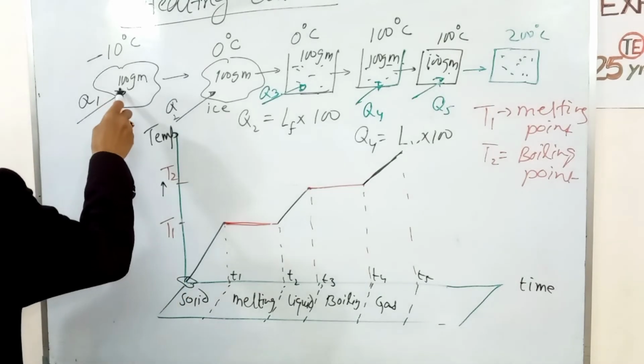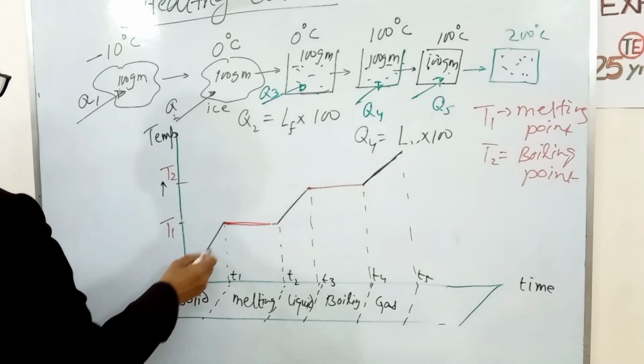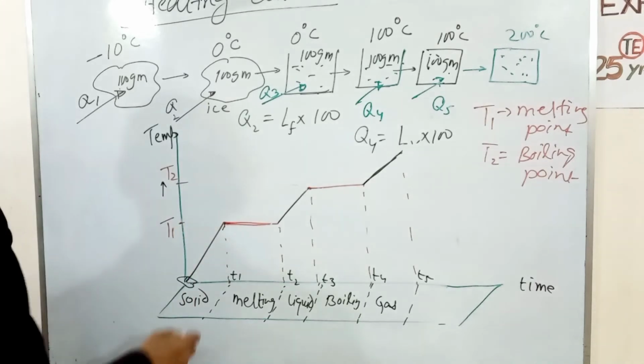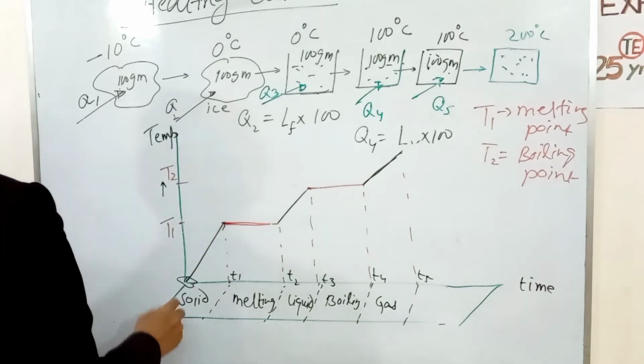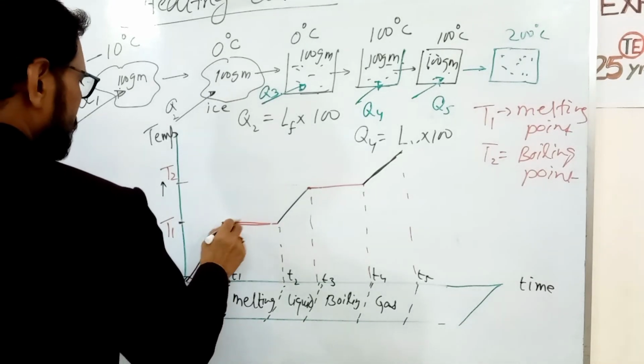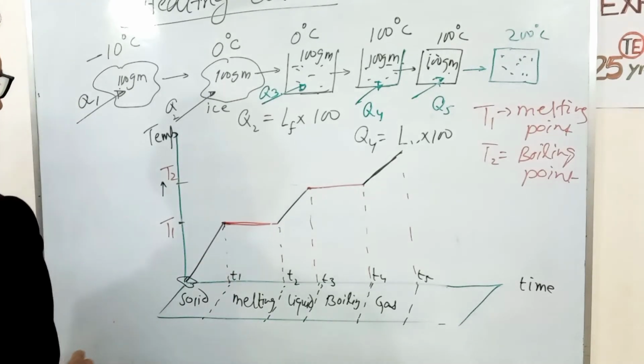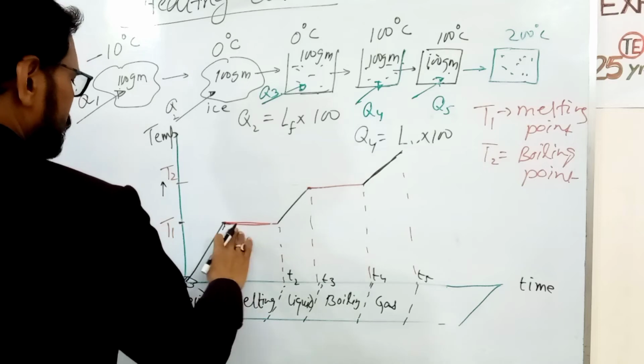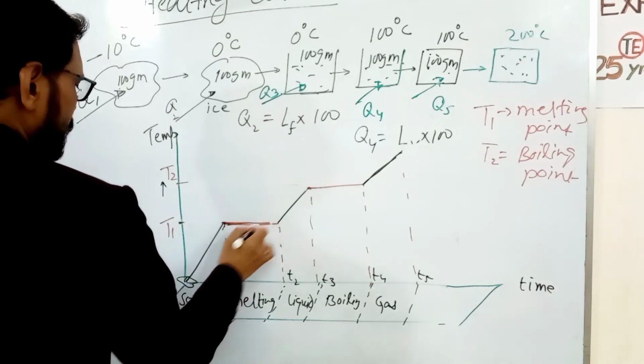Now if we supply heat, then the temperature of the ice rises, and when the temperature reaches the melting point, then the ice starts to melt, and this process is called melting.